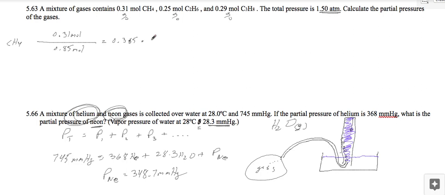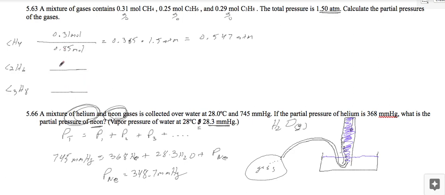So if we multiply this by 1.5 atmospheres, we end up with the partial pressure, which is going to be 0.547 atmospheres. You're going to do the exact same thing for the ethane and the exact same thing for the propane. You're going to take the two things divided by each other.